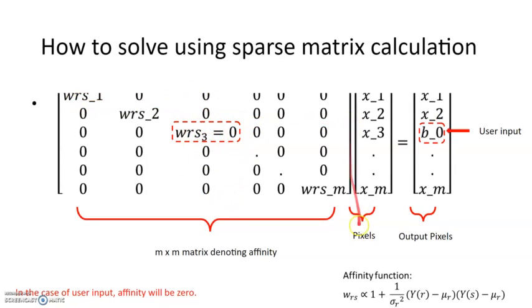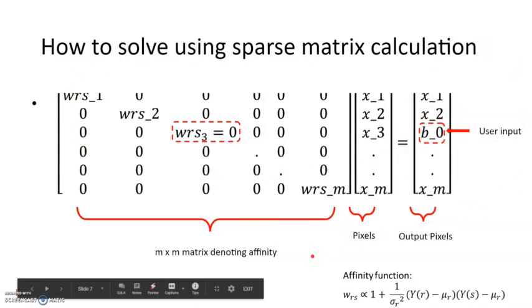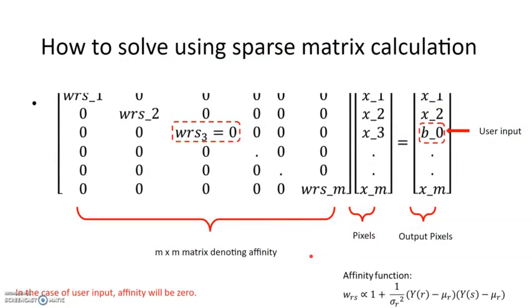And this very sparse matrix is multiplied with the pixels so that we can have the optimized output pixels or optimized pixel values. So this whole process is done for the U channel and then the V channel, and for the final result we concatenate, or we add, Y, U, V, 3 channels to have the colorized image.